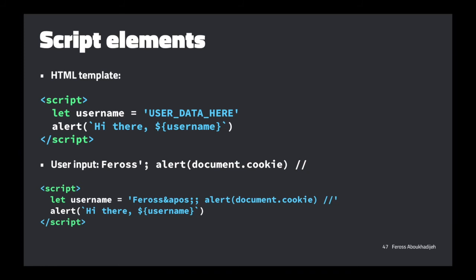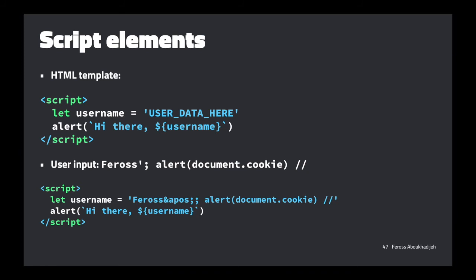JavaScript has no idea what ampersand a pause semicolon is. That comes from HTML. So what we've done is protect our code, but now the string just looks like garbage, and it's not what the user typed in.